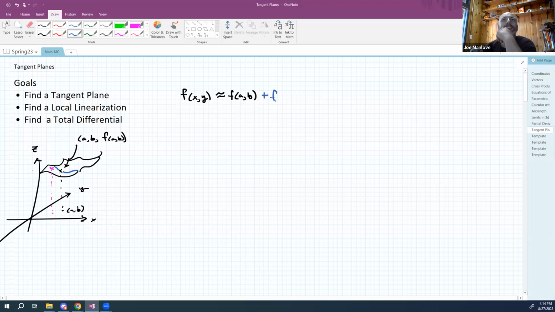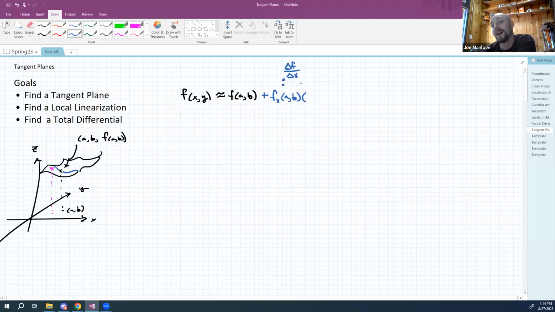Well, I could take the slope at A, B in the x direction. Remember, this is the x direction slope. Then I could multiply it by a run. Remember, think of this f_x as the change in f per change in x, like delta z over delta x.